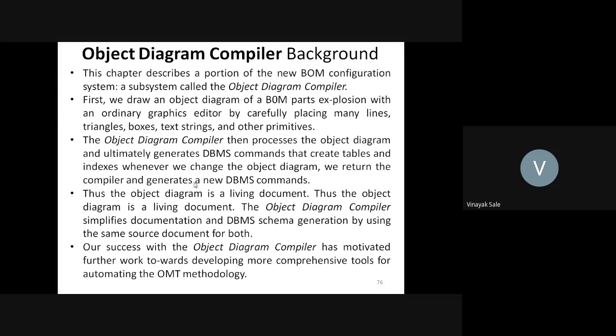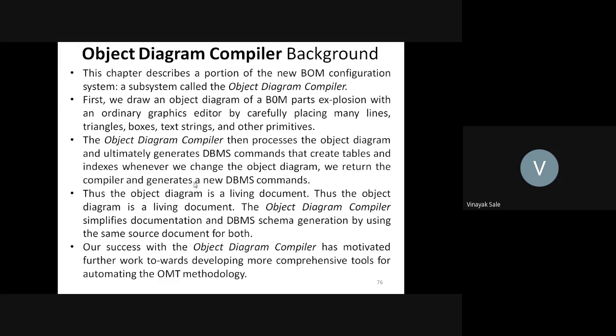First, we draw the object diagram of the bill of material parts explosion with an ordinary graphics editor by carefully placing many lines, triangles, boxes, text strings, and other primitives.